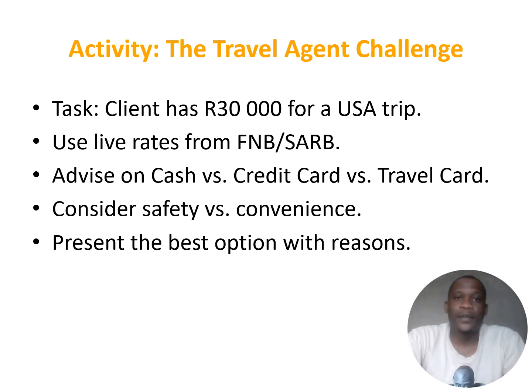The task here: a client has 30,000 South African rand for a United States of America trip. Use live rates from FNB and SARB. Advice on cash versus credit versus travel card. Consider safety versus convenience. Present the best option with reason.